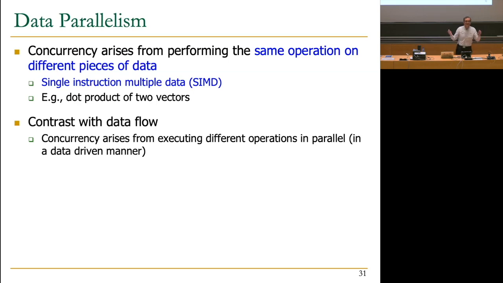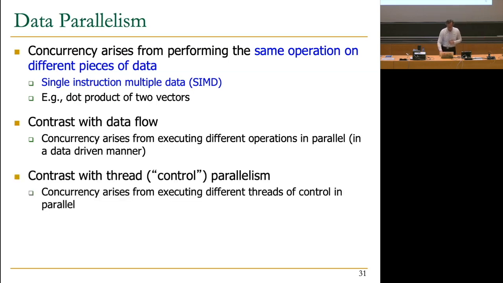It could be completely different instructions, basically. Contrast this with thread parallelism at a higher level. This is multiple instruction, multiple data. The concurrency arises from executing different threads of control in parallel, different tasks in parallel. Again, these may have nothing to do with each other. But we're going to get back to GPUs, because GPUs are going to combine SIMD and thread parallelism in a very particular way soon.